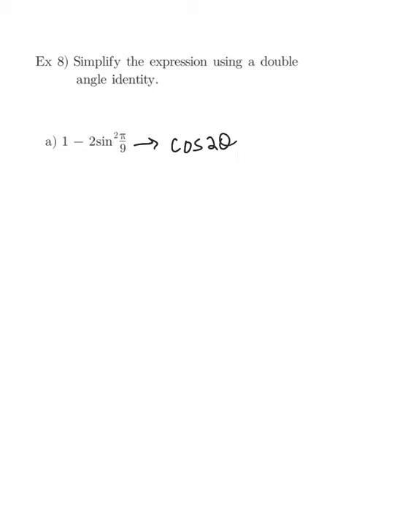So we are going to rewrite this then as the cosine of 2 times the theta, which is what comes after the function. In this case, it's pi/9. Now do your multiplication there, and you get the cosine of 2 pi/9, and that's all you need to do with this. You are done with that problem.